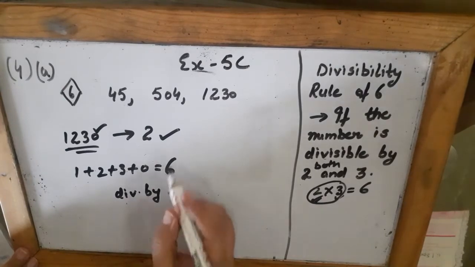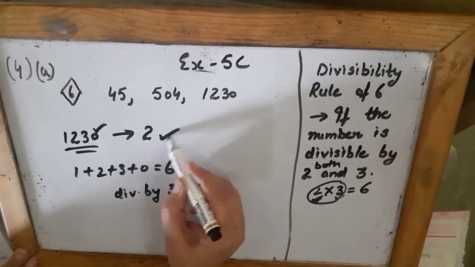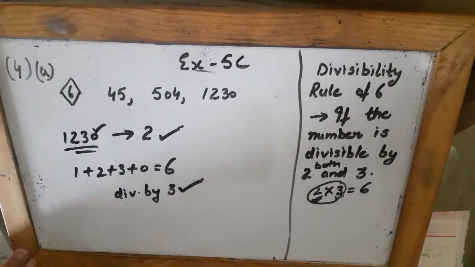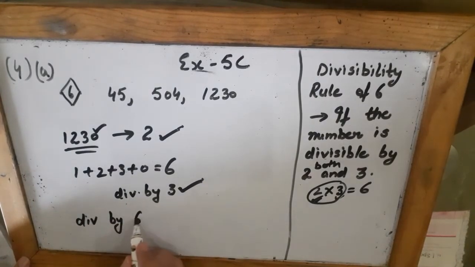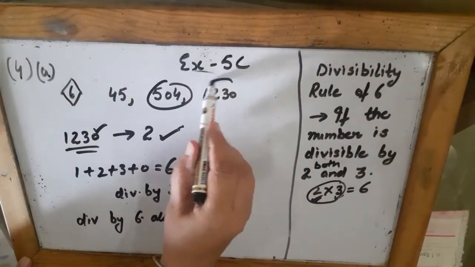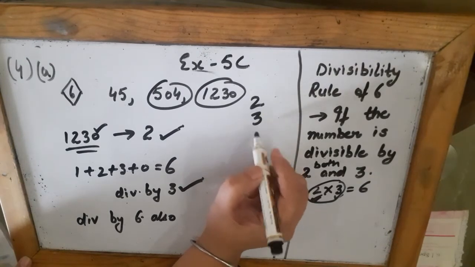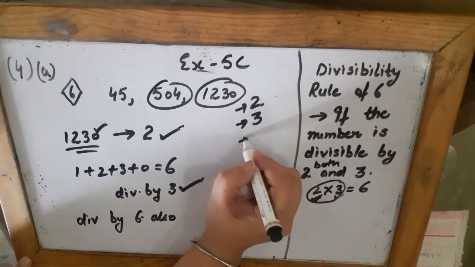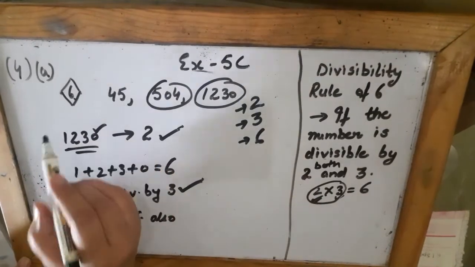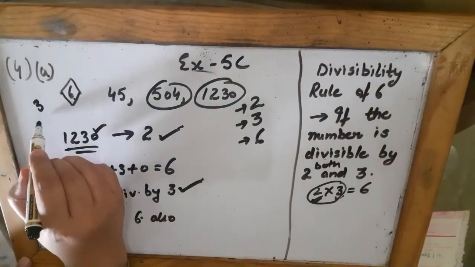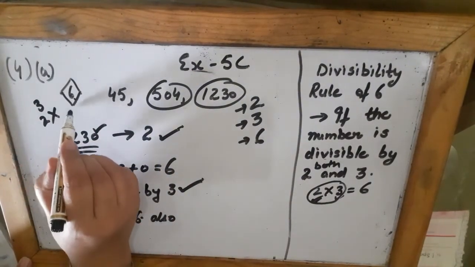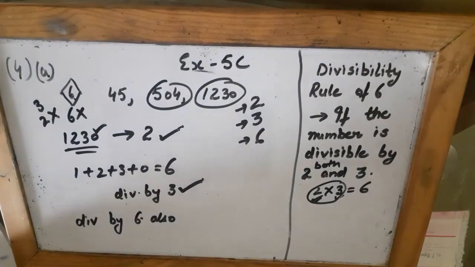So this number is divisible by 2 and by 3. So it means that this number is divisible by 6 also. So I have seen that these two numbers are divisible by 2 as well as 3, so they are divisible by 6 also. But the first number was divisible by 3 only but not by 2, so it cannot be divisible by 6.